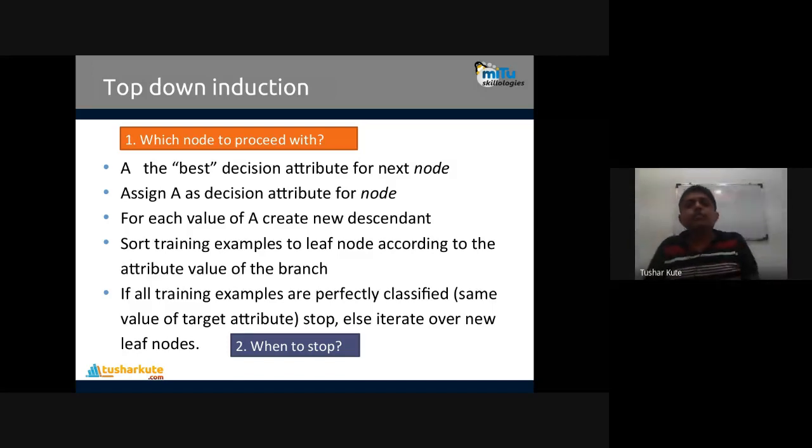Finally, all the training examples are perfectly classified. Remember, when all the training examples used, whether 1000, 2000, or 10,000, are perfectly classified with the same value of the target attribute, meaning every leaf node has a class, then stop, or we iterate over the new leaf node.